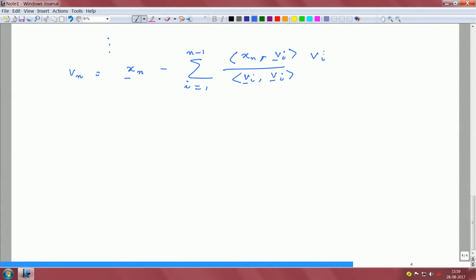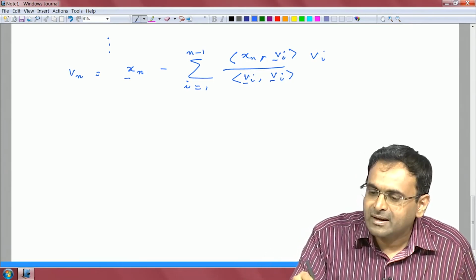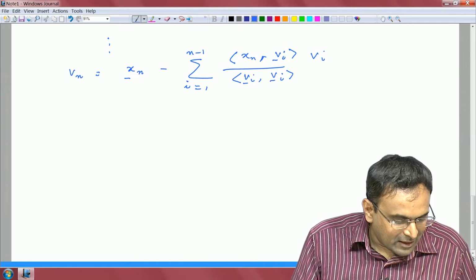So, remove all the n minus 1 components in their respective directions, and that is what you have, right.